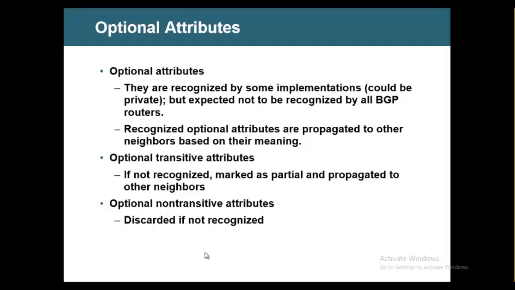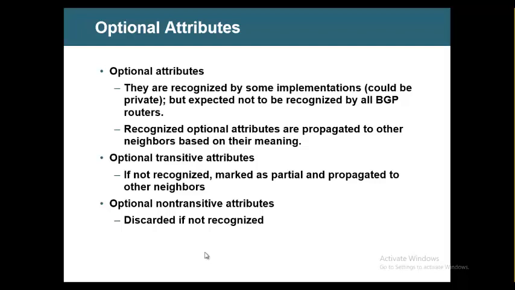Recognized optional attributes are propagated to other neighbors based on their meaning. Meaning, if I see an update, and in that I am seeing one optional attribute, based on the meaning, I'll decide whether to propagate it or not. What does that mean by meaning? Here is the description, the two points below. Optional transitive means one thing, optional non-transitive means another thing.